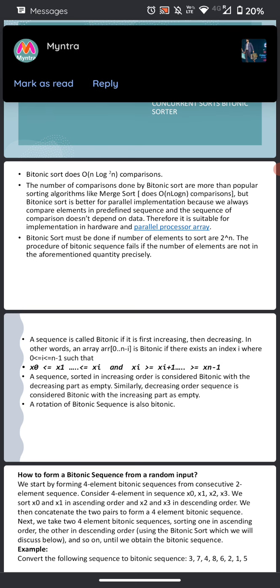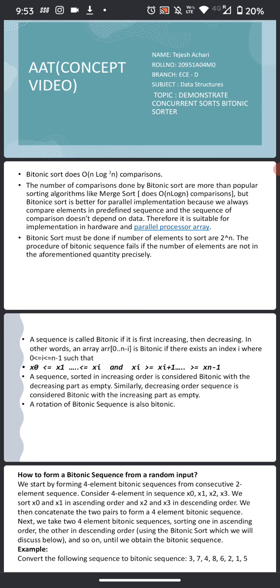But bitonic sort is better for parallel implementation because we always compare elements in a predefined sequence, and the sequence of comparison doesn't depend on data. Therefore, it is suitable for implementation in hardware and parallel processor arrays.